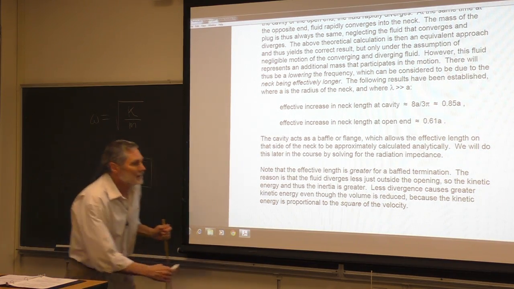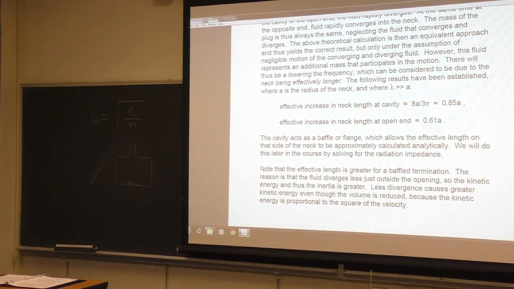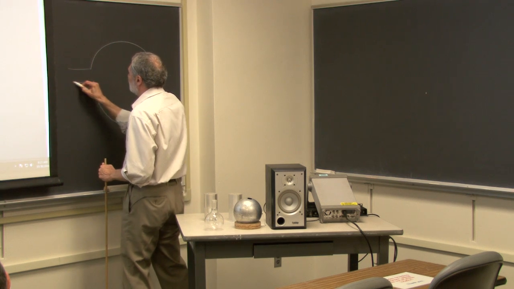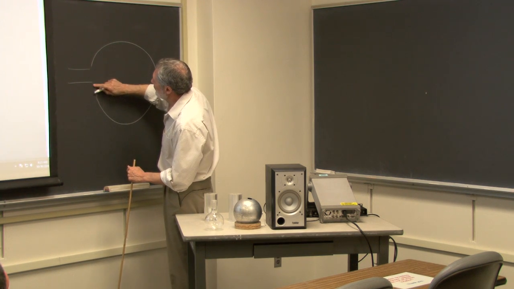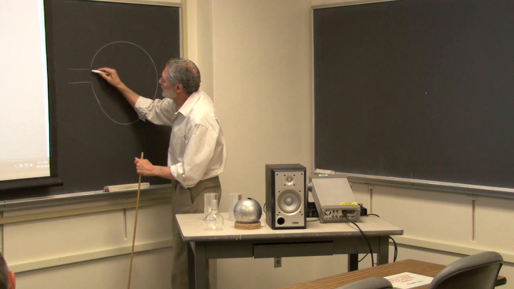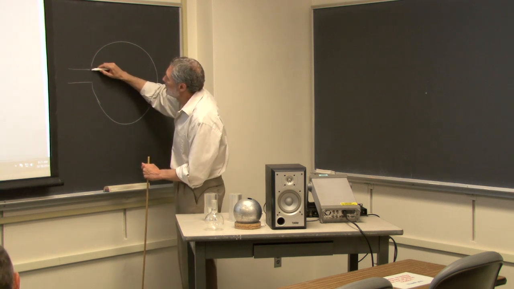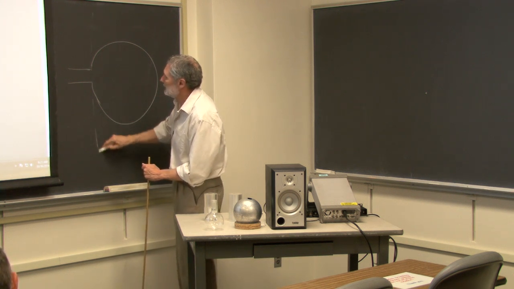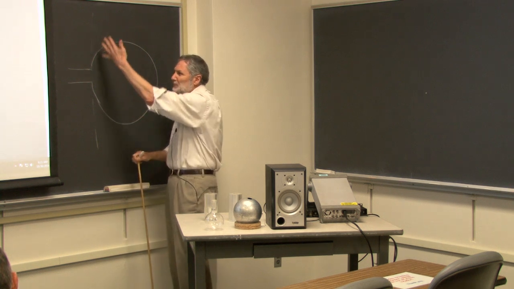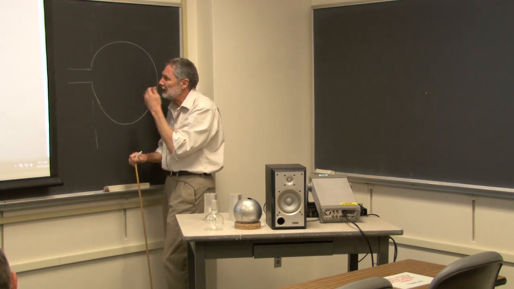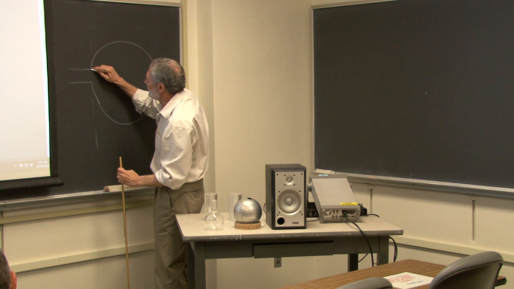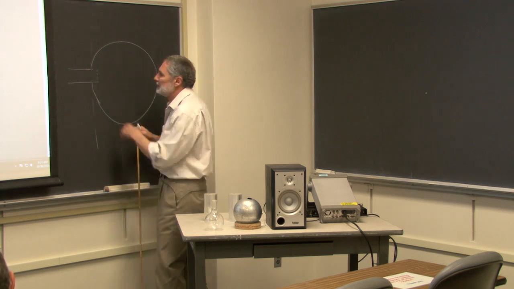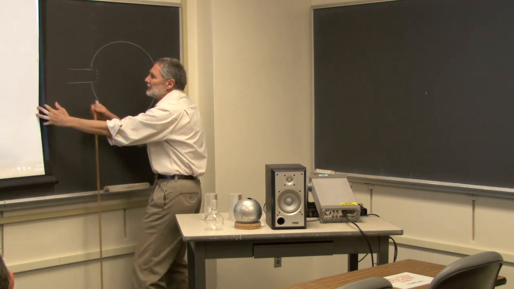In the cavity, okay, what you see here, for the end correction here, this is approximately, roughly, a baffle, a planar baffle. All right? So there's an end correction here. You have to add on a little bit of extra mass there, right?